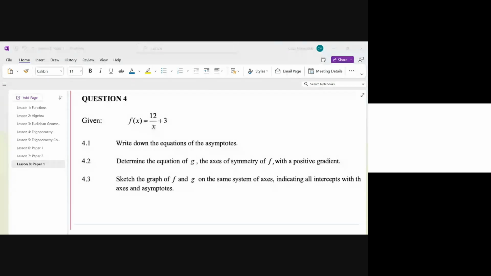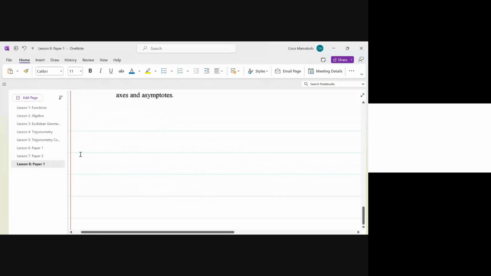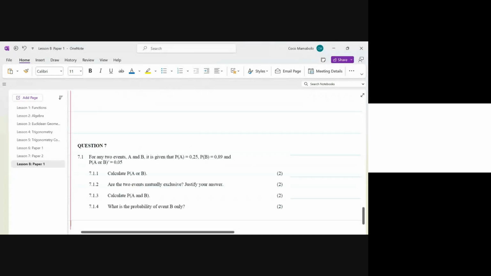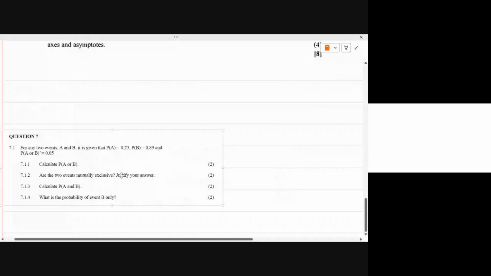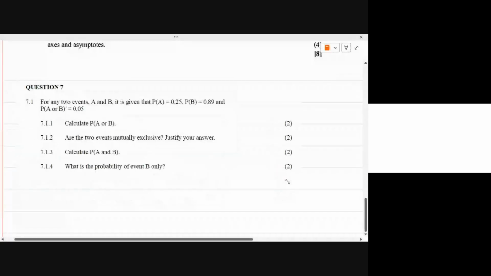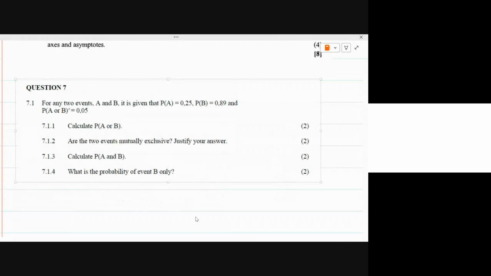All right, here's a nice question. Let's have a look at this question. Paste. Okay, let's read through the question together. It says here, for any two events, A and B, it is given that the probability of A is 0.25 and the probability of B is 0.89.